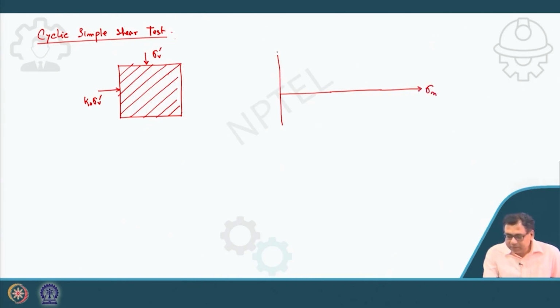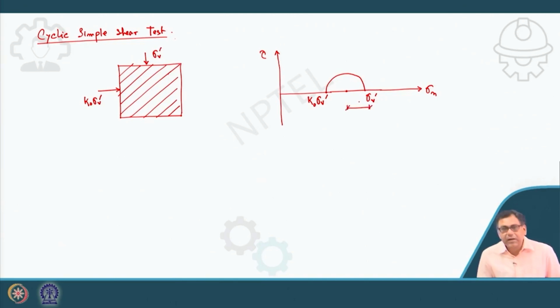this is sigma n, this is tau. If I draw the Mohr circle or half Mohr circle, then this will be your sigma V dash, this will be your K0 sigma V dash. Clear? Now how will I get the radius?